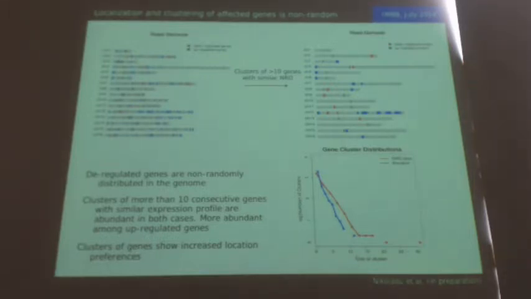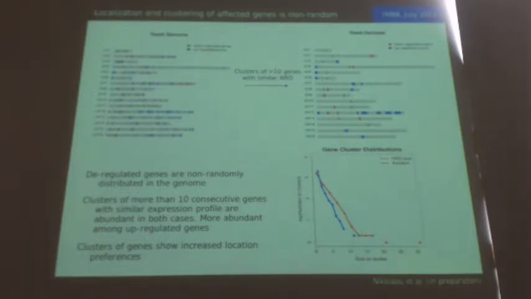They tend to cluster. So if one looks at NRO values that are significantly high for a run of genes, these are found much more frequently than expected by a random approach. So genes that are downregulated or upregulated tend to come together.